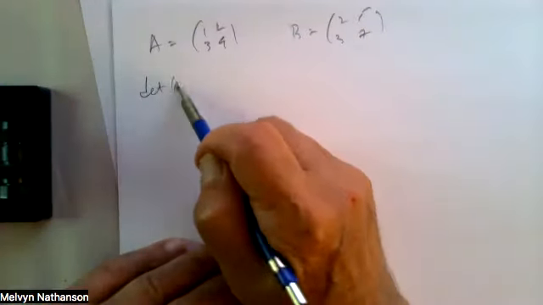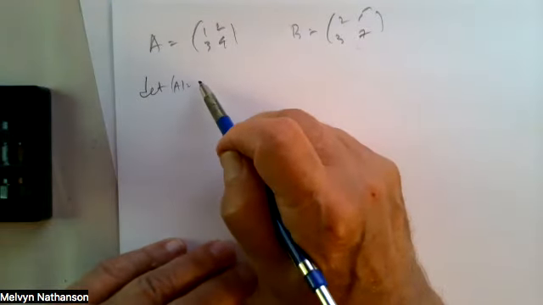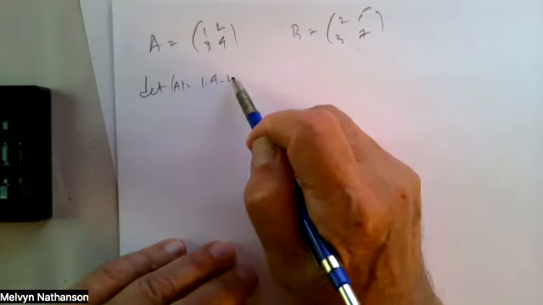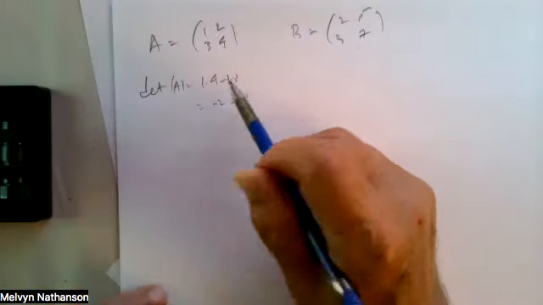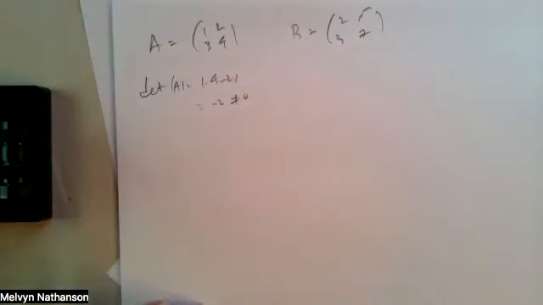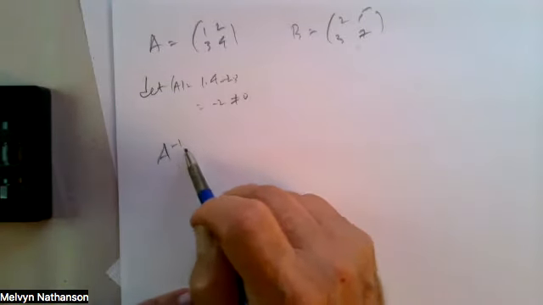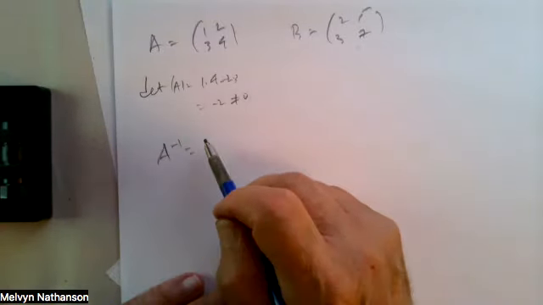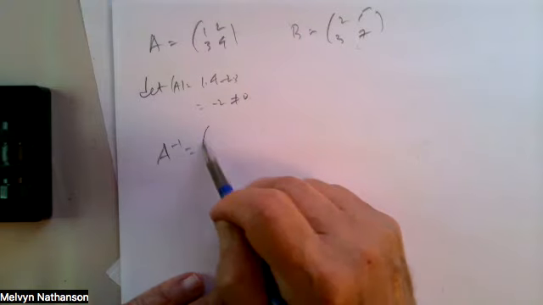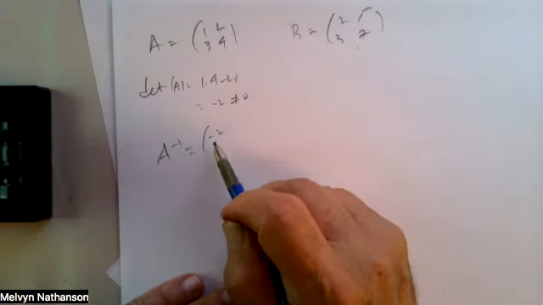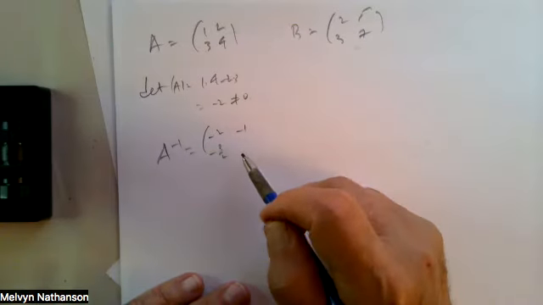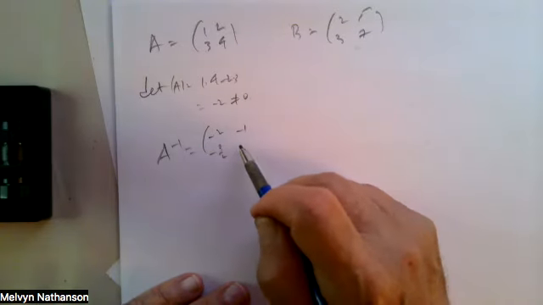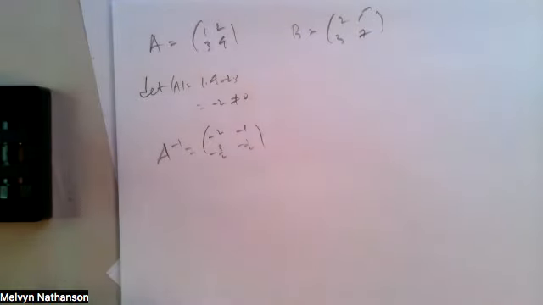The determinant of A is 1 times 4 minus 2 times 3, which is minus 2, which is different from 0. So A is invertible. And in fact, A inverse is equal to minus 2, 1, 3 halves, minus a half.